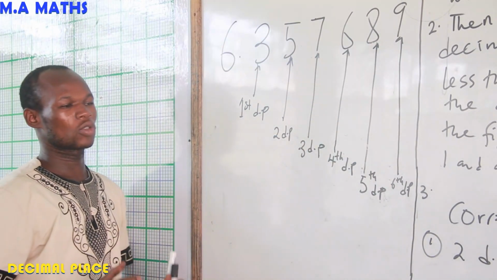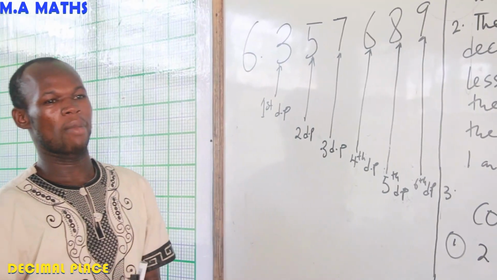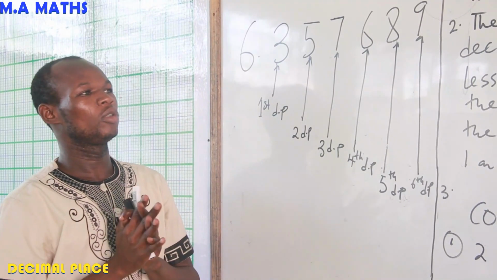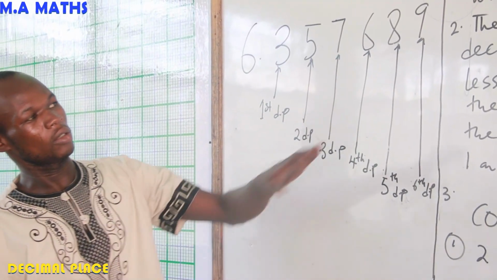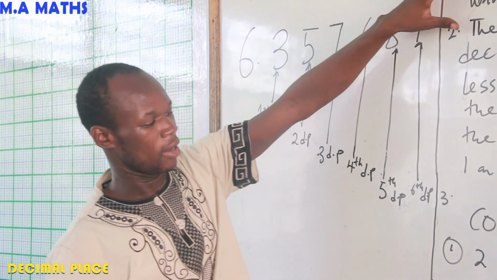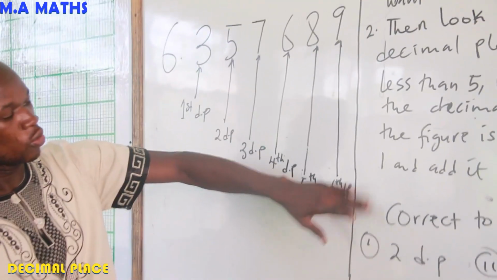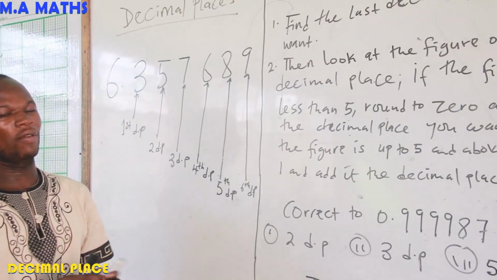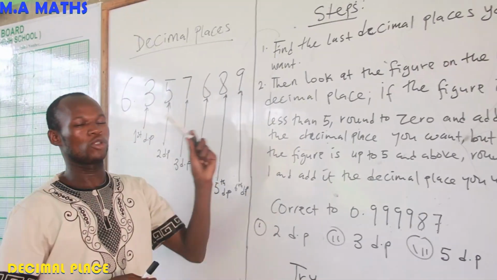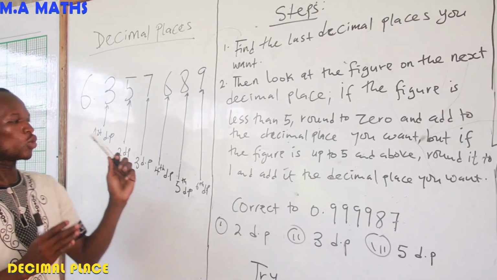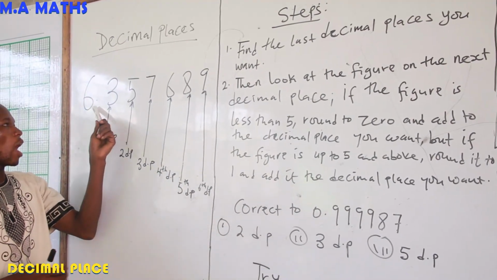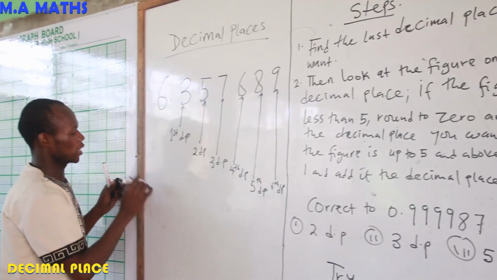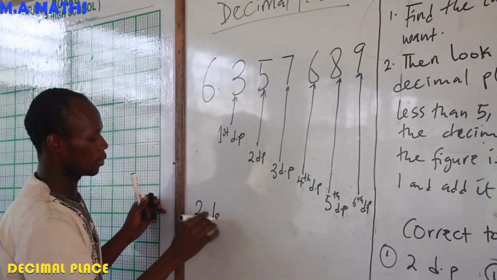If you are asked to round a particular number to a given decimal place, you have to take notice of two steps. First of all, find the given decimal place you want. If it is 2 decimal places, you count 1, 2.